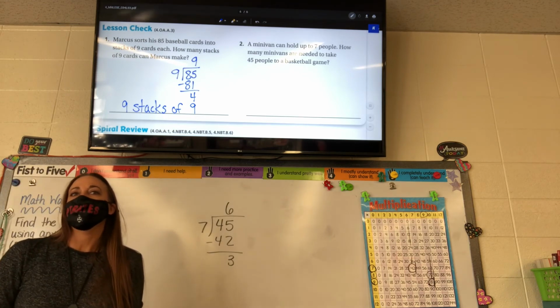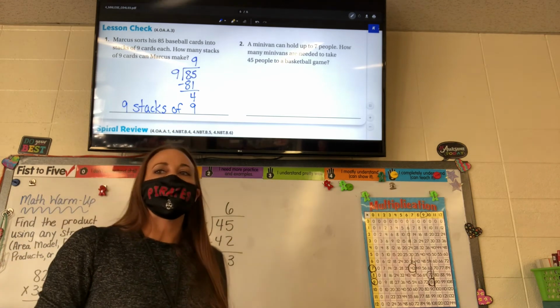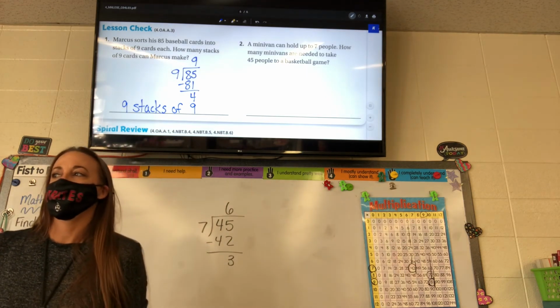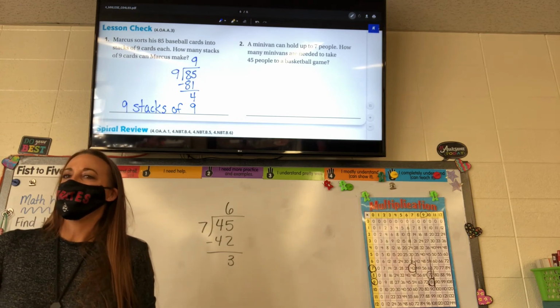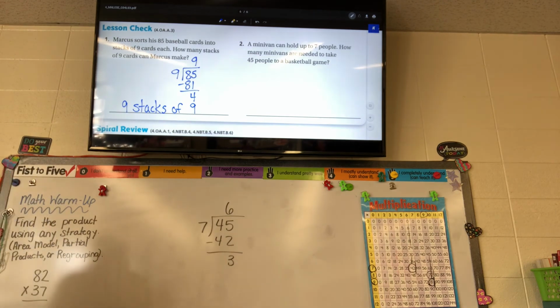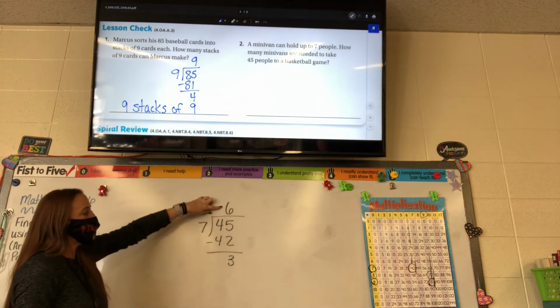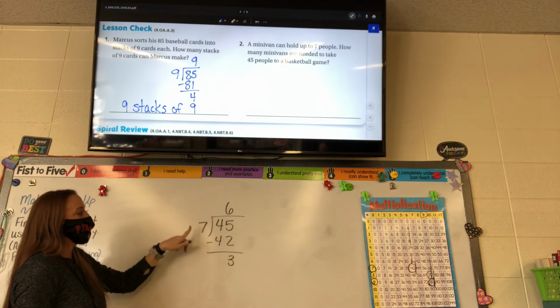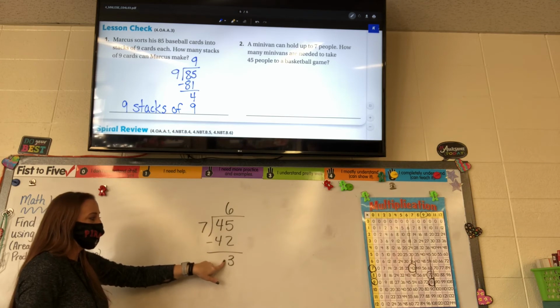How can you go to the minivan rental place and say I need 6 remainder 3 minivans? They'd be like, how many minivans would you need? 7. Owen? 7. 7 minivans, good. Because 6 minivans is going to get 42 people there, but you've got 3 more people to take.